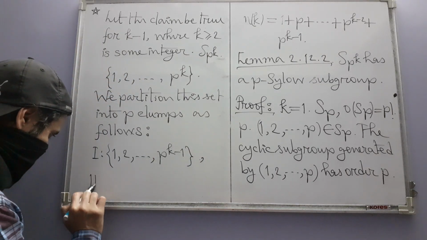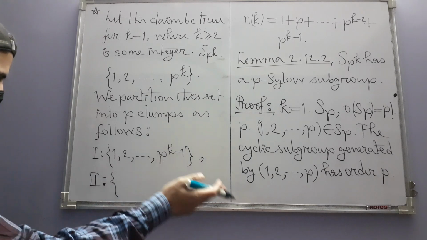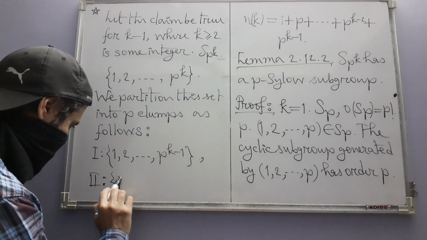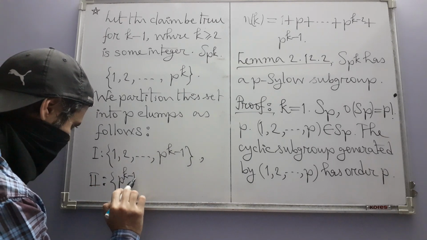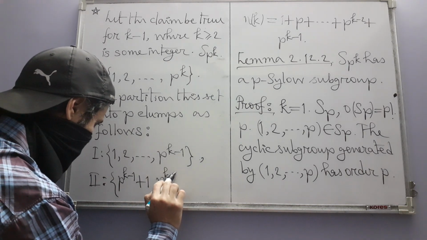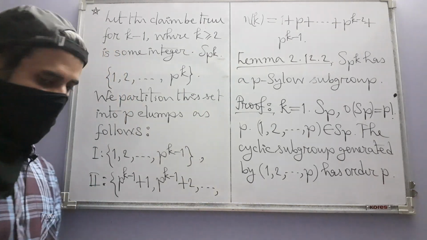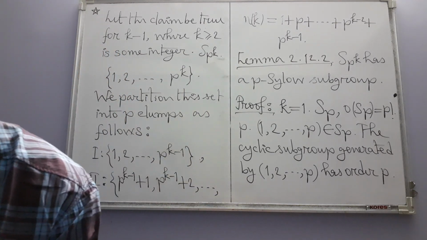The second clump starts from where we stopped in the first clump. So we take the next number and then continue like that. Plus 2. But how far shall we go?